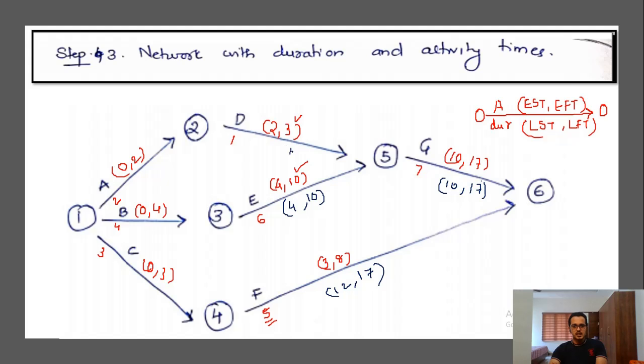Here it will be 10, 9, then this 4 and 0, then here it will be 9, 7, and lastly 12, 9. In this manner we completed the entire network with all the EST, EFT, LST and LFT.